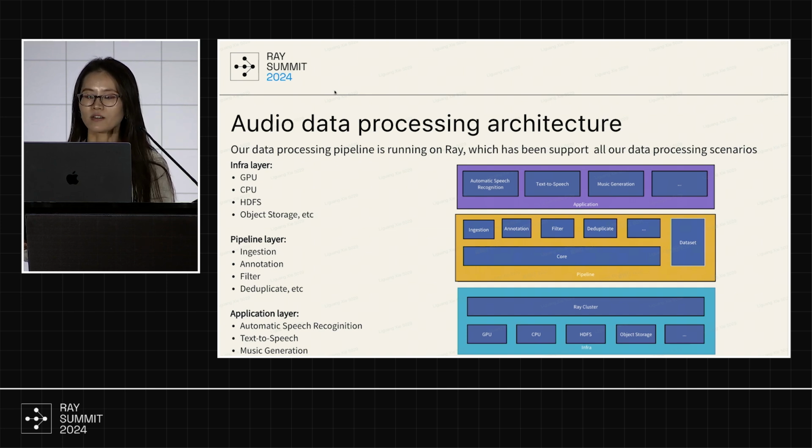The architecture of our data processing platform can be divided into three layers, as you can see from the slide. The first layer is the infrastructure layer. It plays a crucial role in managing and providing essential storage and computation resources.